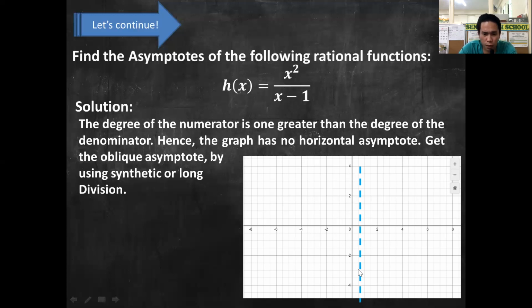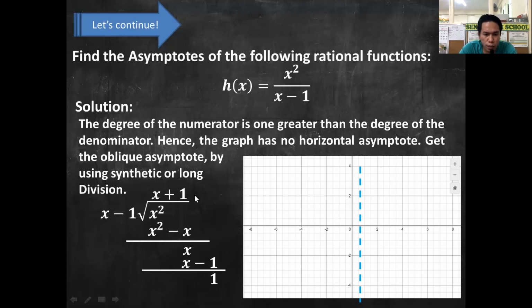Ngayon, hanapin naman natin yung oblique. X squared divided by x is x. X times x is x squared. X times negative 1 is negative x. So subtract, change the sign. Magiging positive x. So x divided by x is 1.